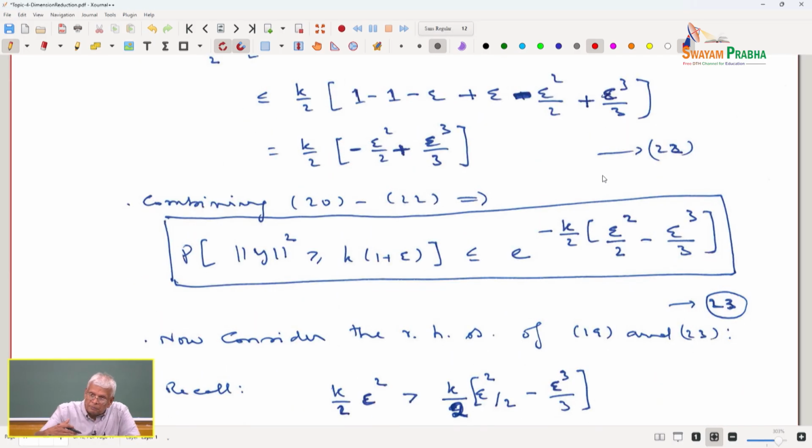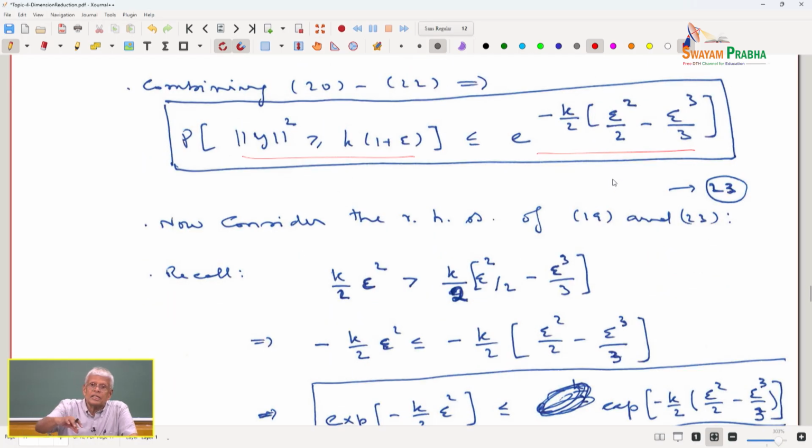All these things are simple calculations, which I believe you should be able to verify, and that's going to be part of the homework for you. I know you are all going to be master students. If there is anything that should not bother you, it is algebra. Therefore, the probability that y square is greater than or equal to k times 1 plus epsilon is upper bounded by exponential of minus k by 2 times that.